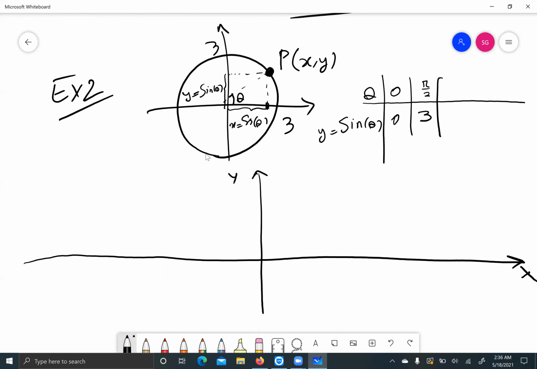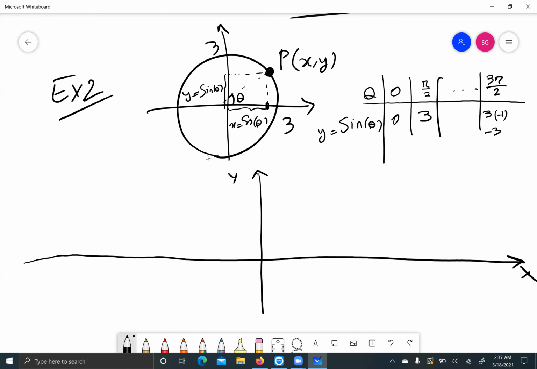And so on, or you can try more values. For example, at 3 pi over 2, we know that sine is -1, but because the radius is 3, we multiply by 3, so it's going to be -3.